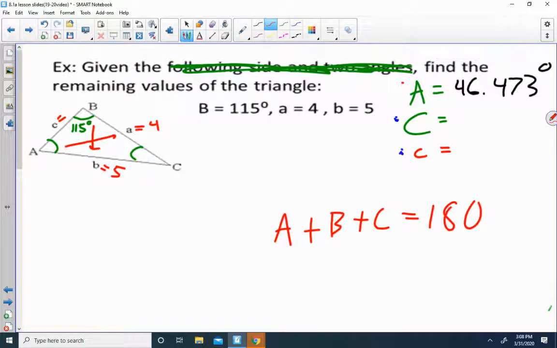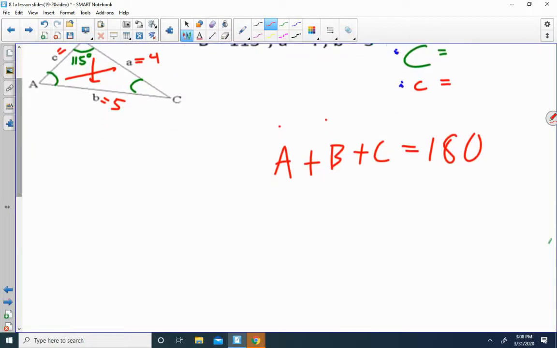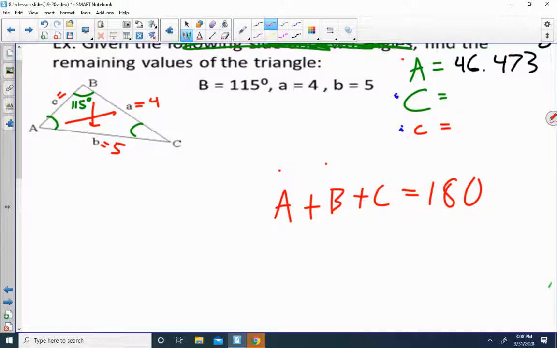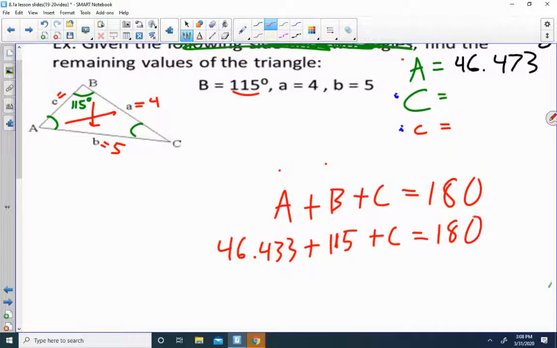And lucky for me, I do have two angles. I have that my angle A is 46.473 from the previous answer. My B is 115, plus C is equal to 180.